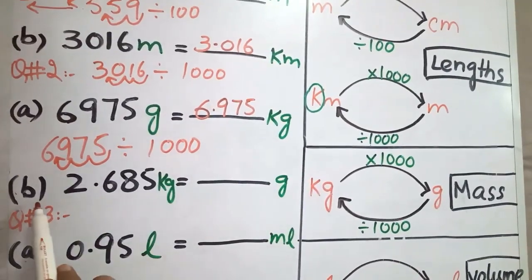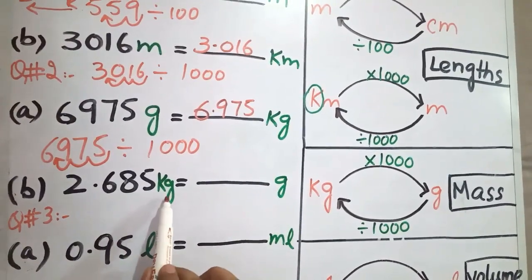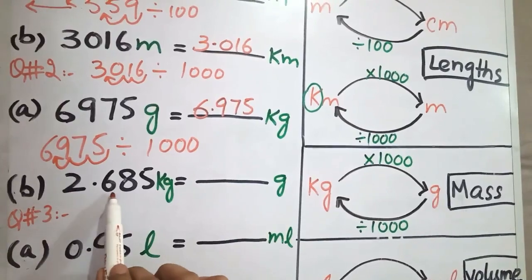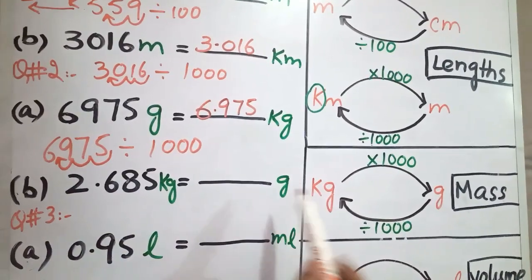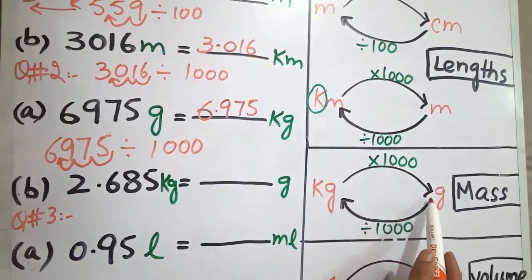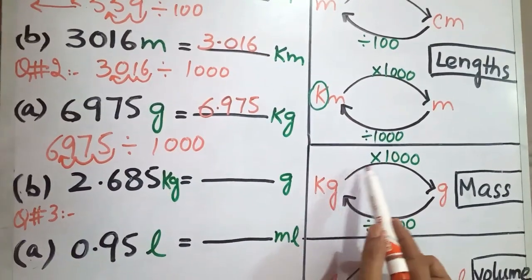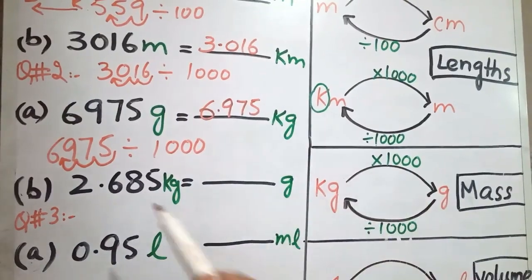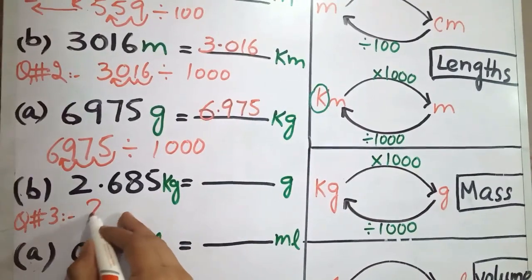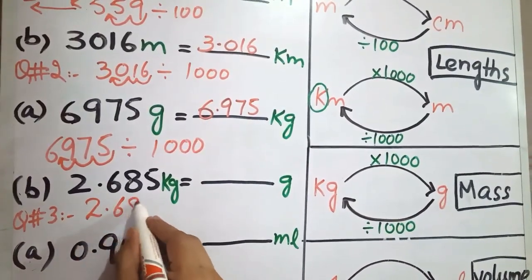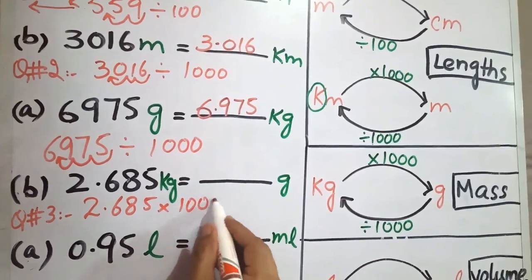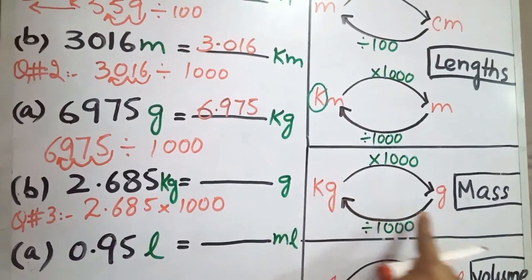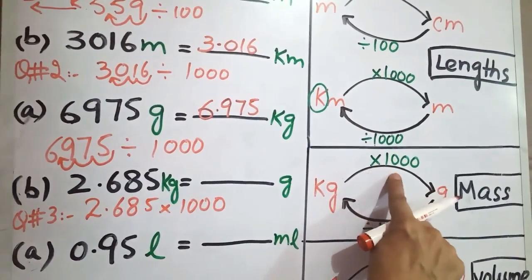But in the B part, we go from 2.685 kilograms to grams. Can you see the direction of the arrow from left to right, being multiplied by 1000? From kilogram to gram, multiply by 1000.